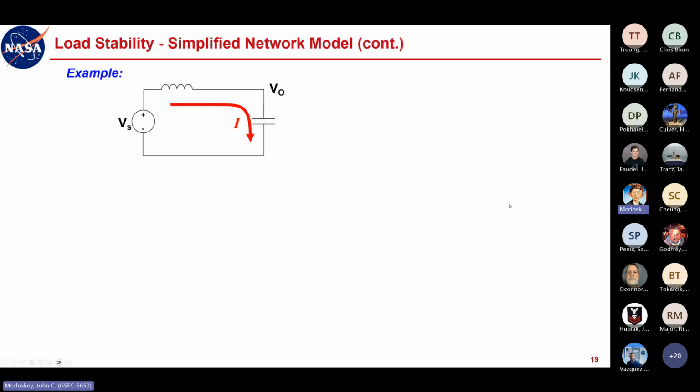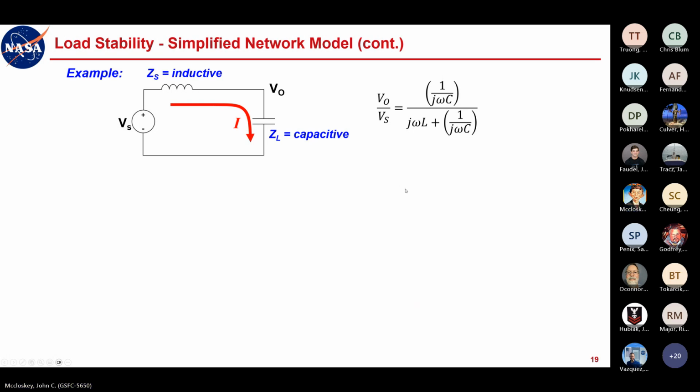If we look at a more specific example, where our source impedance is inductive and our load impedance is capacitive, which is a pretty good general purpose way of looking at at least a lot of interfaces. You'll have some filter capacitors at the input of a power converter, for example, and your wiring will be inductive. Well, we just go through the same impedance divider analysis with inductive and capacitive reactances. 1 over j equals minus j, so you can bring the minus j out front here.